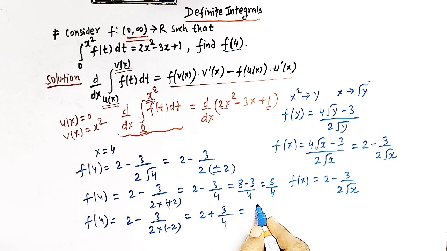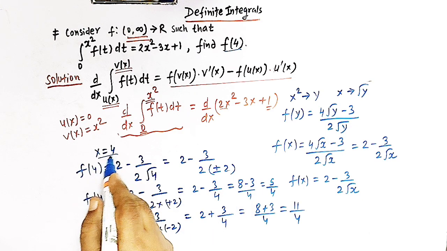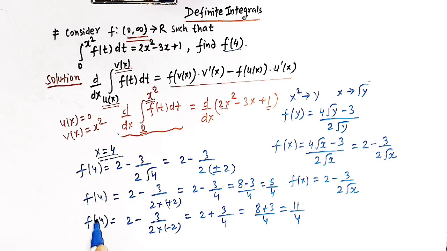So this is now 8 plus 3 over 4, that is 11 over 4. So when x is equal to 4, then we have two values of f of 4, that is 5 by 4 corresponding to the positive square root of 4, and f of 4 is 11 over 4 corresponding to the negative square root of 4.